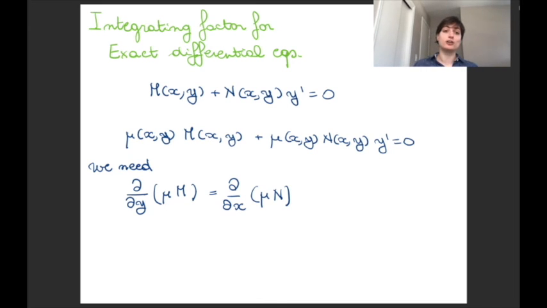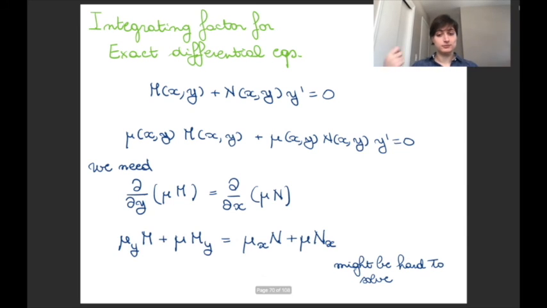What we need in order to be exact is that the derivative with respect to y of mu times m is equal to the derivative with respect to x of mu times n.